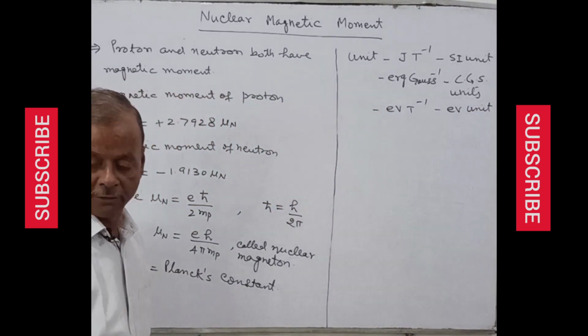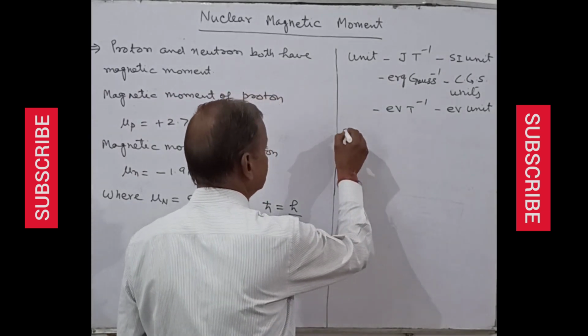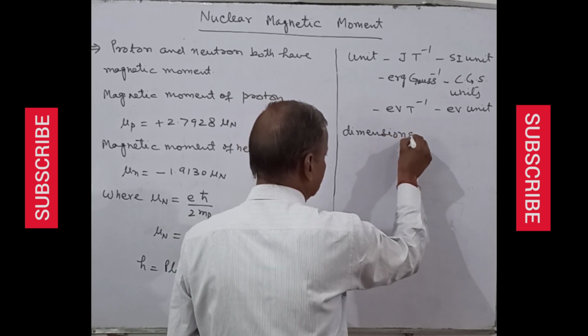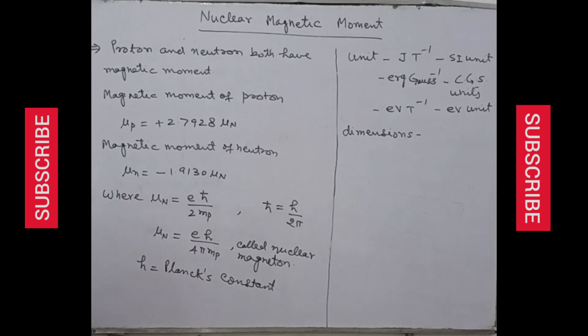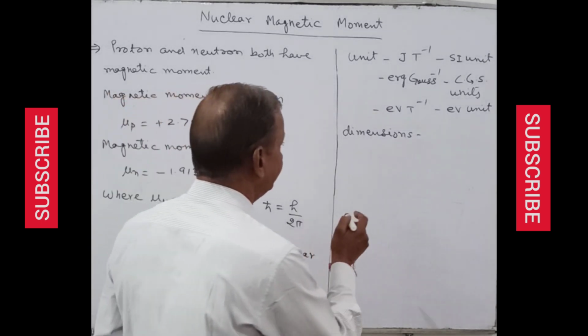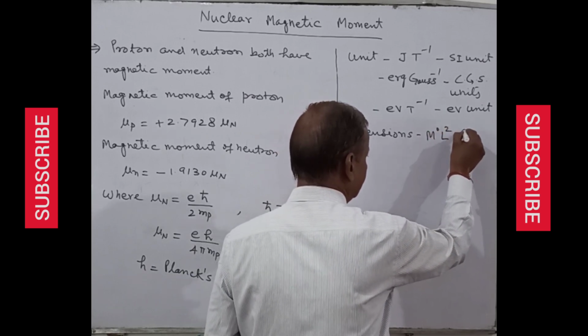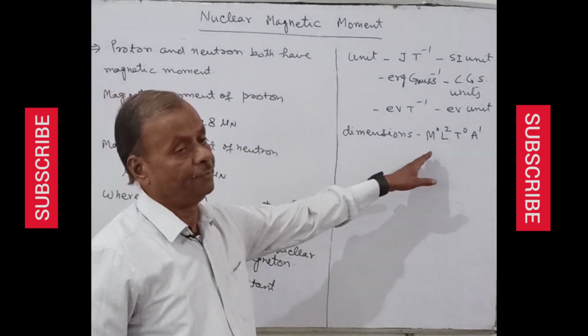Now the value of this magnetic moment: the dimensions are M0 L2 T0 A1, that is ampere meter square.